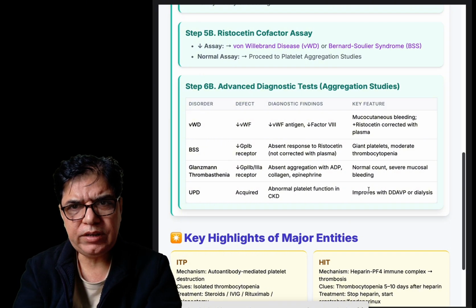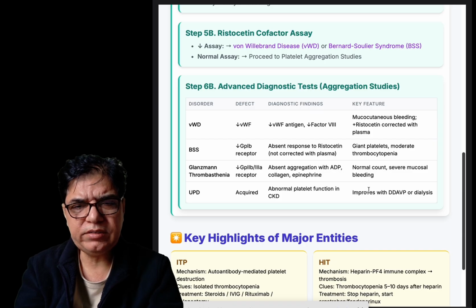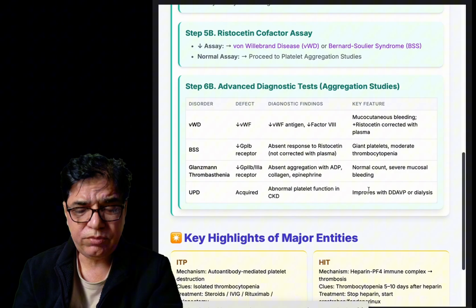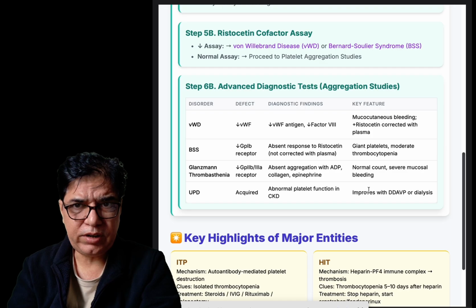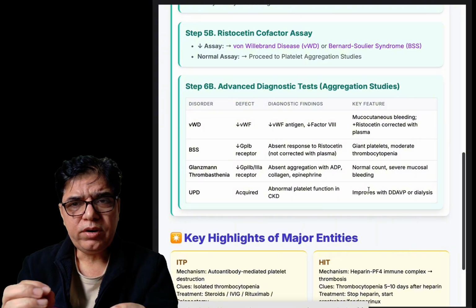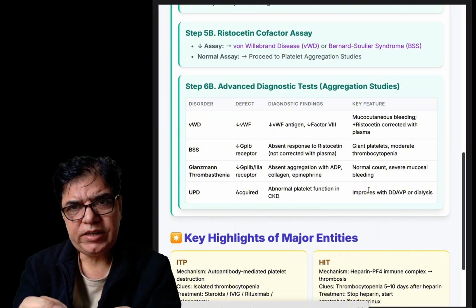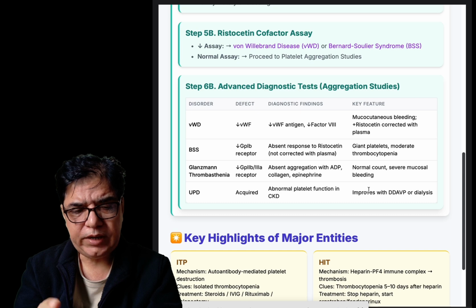Basically, when you are doing the von Willebrand assays, you are looking at the von Willebrand antigen, the von Willebrand activity, and factor 8, which again can be low, and on the basis of that you can classify different types of von Willebrand disease, whether it's type 1, type 2, or type 3.